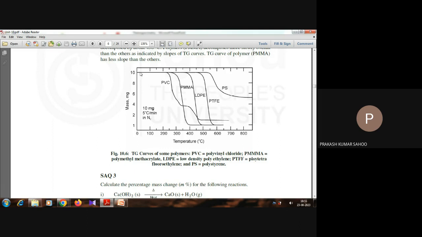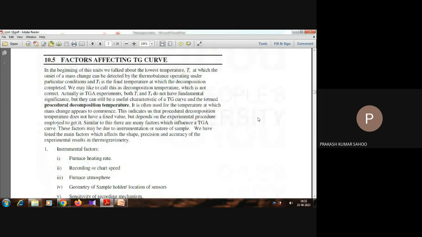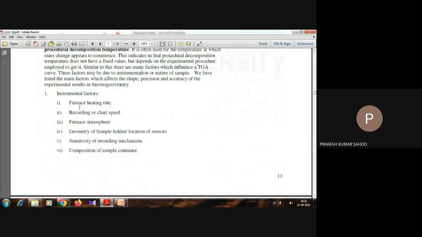So even if the mass of the substance taken is the same, the TGA curves are different. Then what are the factors affecting? The factors affecting are furnace heating rate, which may be high speed or slow speed, and recording or chart speed. Then we have furnace atmosphere. It should not be the general atmosphere, it should be an inert atmosphere.